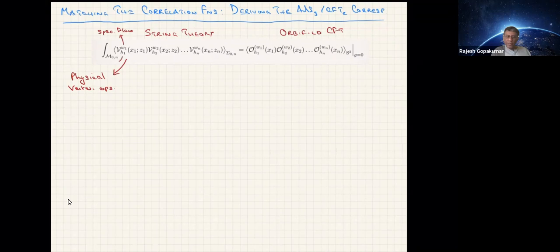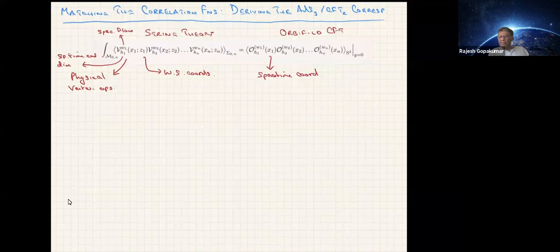These h's refer to the space-time conformal dimension. This is the worldsheet position, the worldsheet coordinates. I will always denote worldsheet coordinates by z, and the space-time coordinates in the dual space-time, which we'll take to be a sphere, that's the boundary of AdS3 where the CFT2 lives, we will denote by x's.